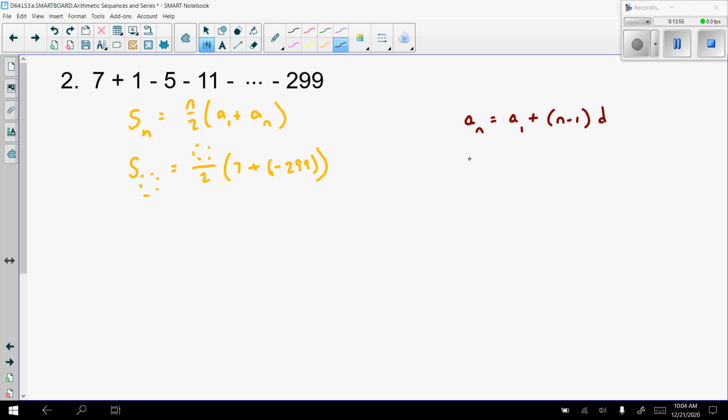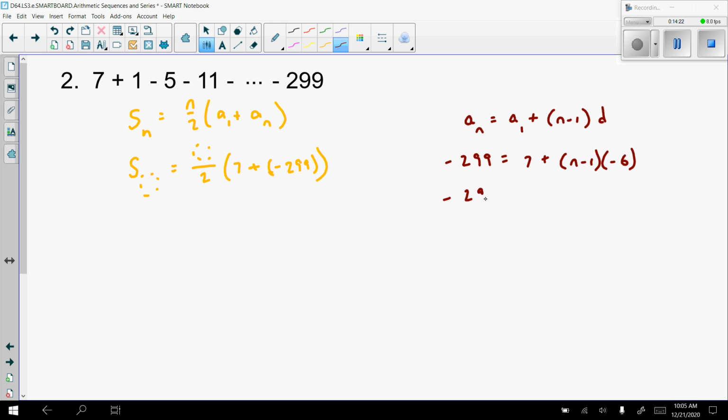So let's go ahead. A sub n, I know, is the last term of the series, which is negative 299. A sub 1 is 7 plus n, I don't know, and that's what I'm finding. And the difference is negative 6. Make certain you put that in parentheses, or else it will look as if you are subtracting. And let's work this out.